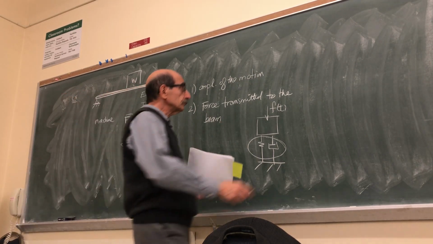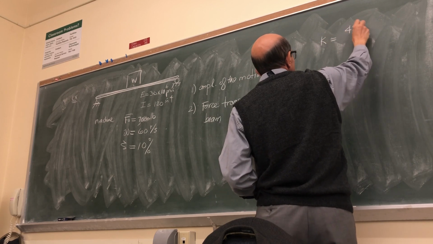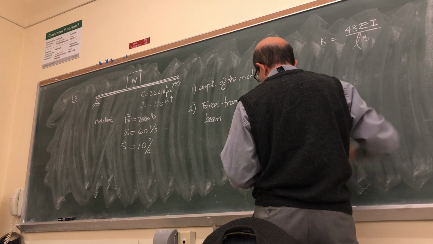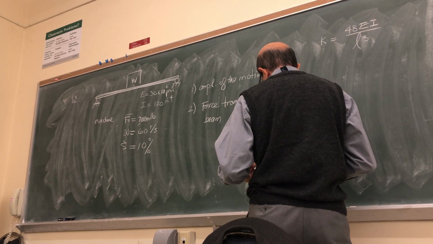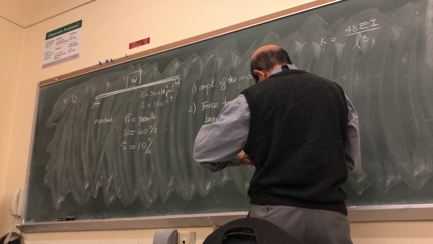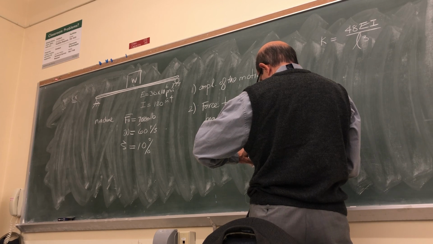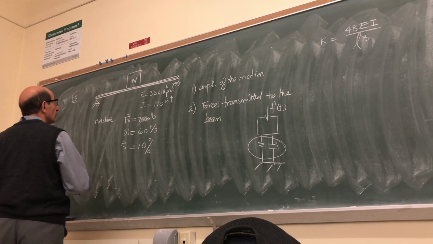So obviously, this is a simply supported beam, so the stiffness is what? 48 EI over L cubed. Length was given, I think somewhere. And the weight is also given.